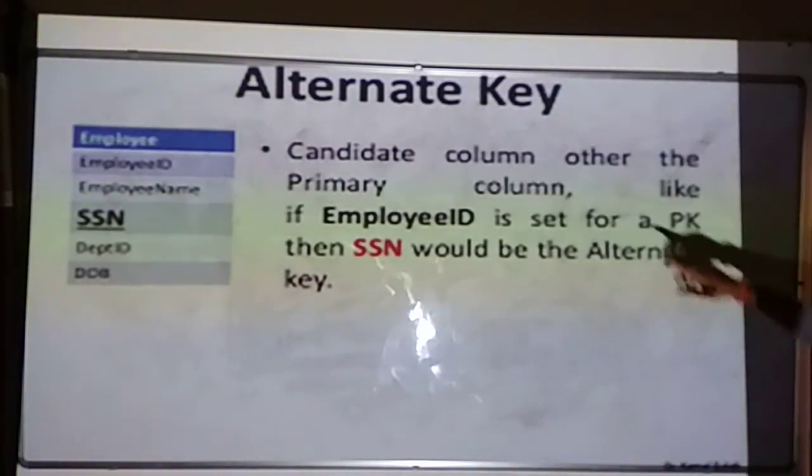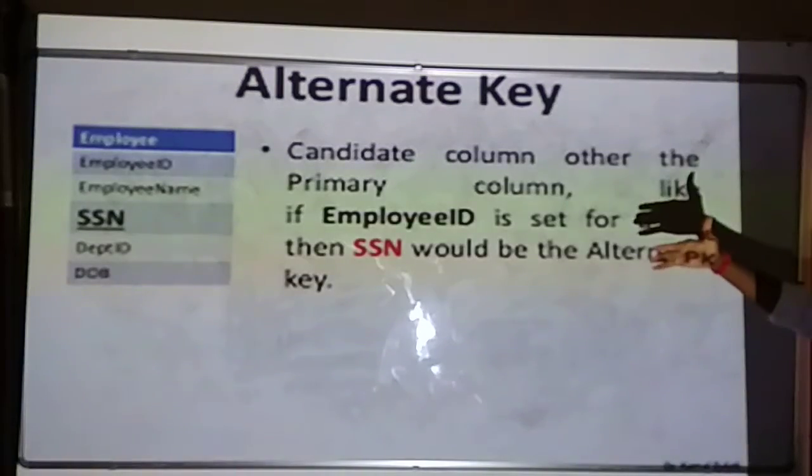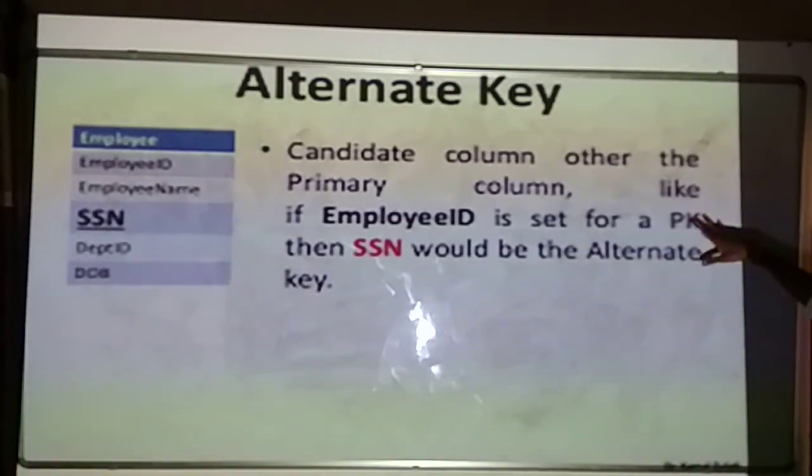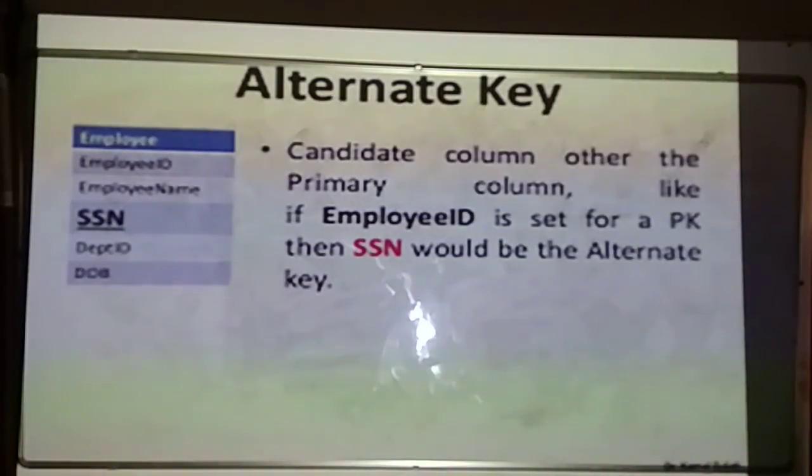Suppose employee ID is the primary key, and you are not able to find the data in your employee table using employee ID, then you pick one more column which can identify the data in your employee table. That will become the alternate key, or secondary key, which will uniquely identify the data from your table.